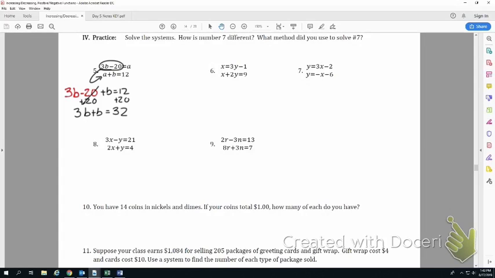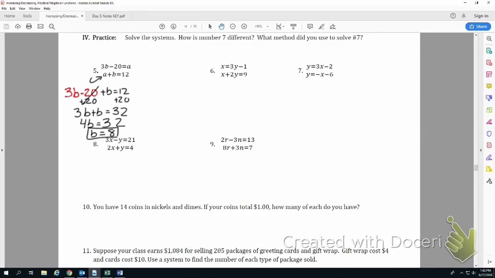Bryce, what would I do after that? Combine the b's. And so, Will, what does the b value equal? Am I done with the problem? No.